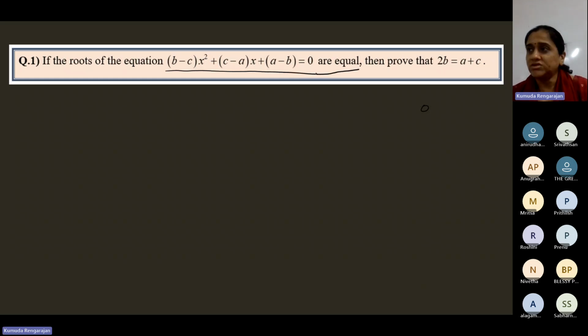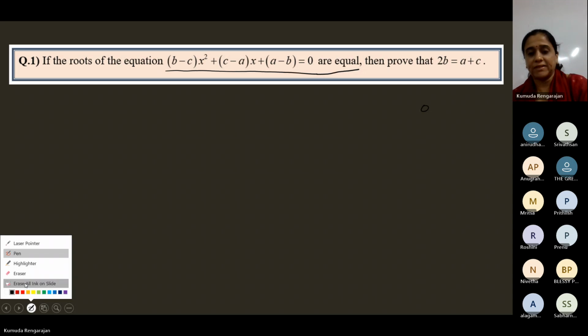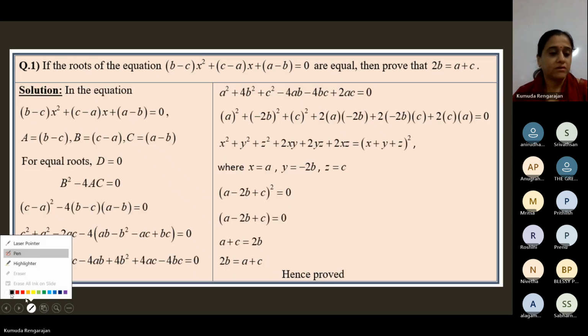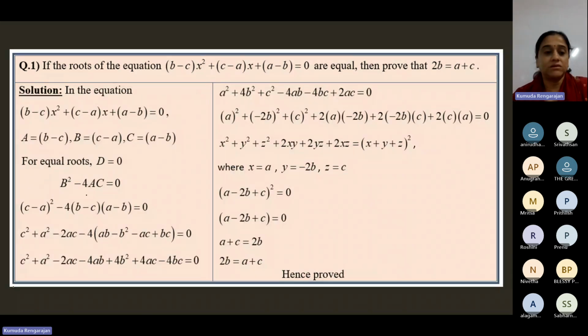If the roots are equal, that means the discriminant is equal to 0, which means b square minus 4ac is equal to 0, right? So substitute. This is b square minus 4 into a into c is equal to 0.